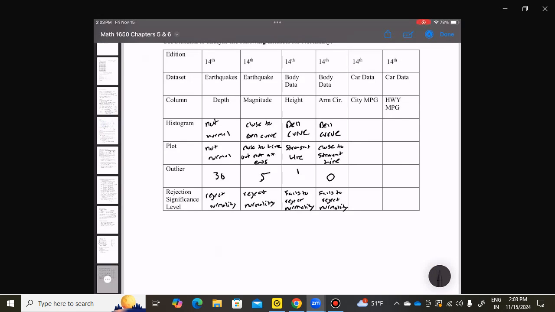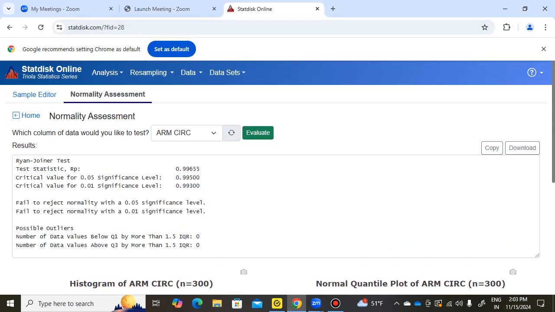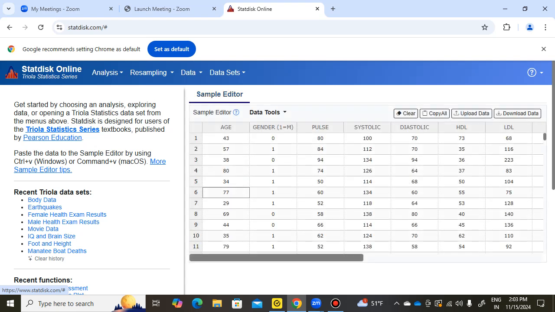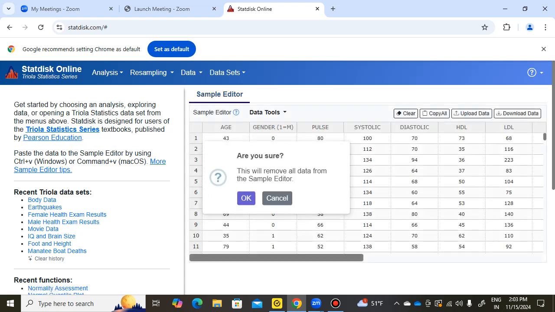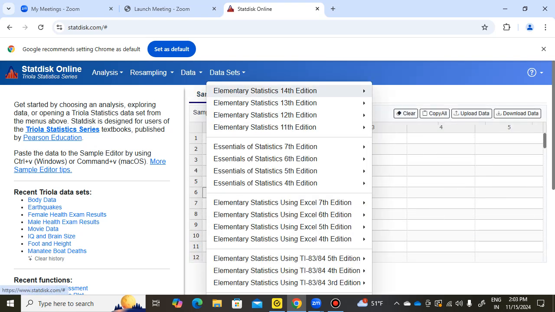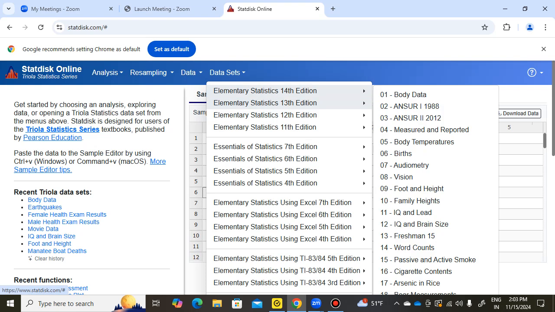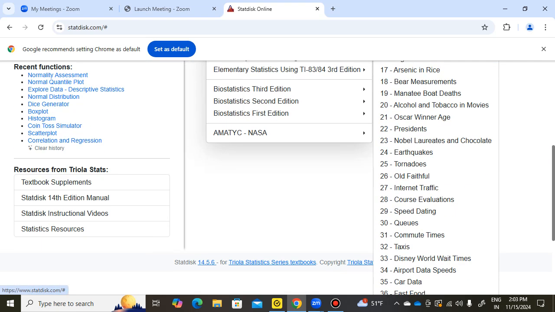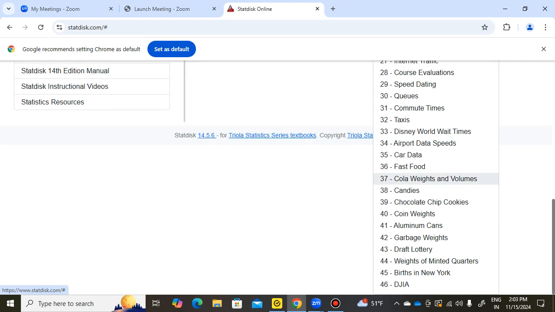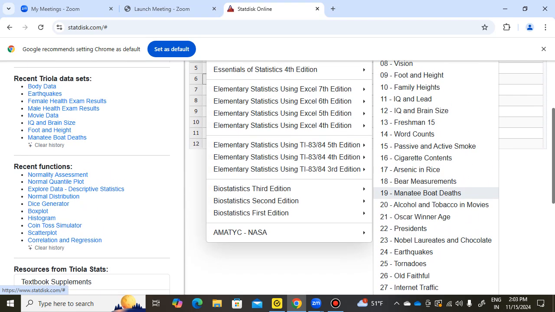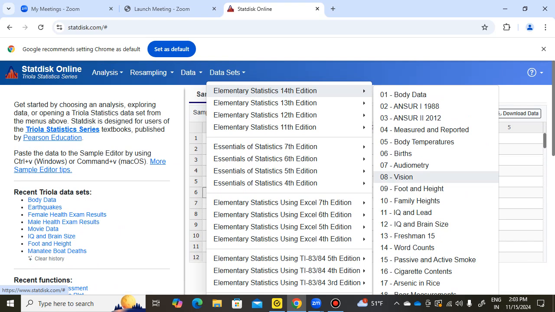Now we're going to look at 2 more sets, car data. We're going to look at city miles per gallon and highway miles per gallon. So let me clear the data here. 14th car data. What is it?